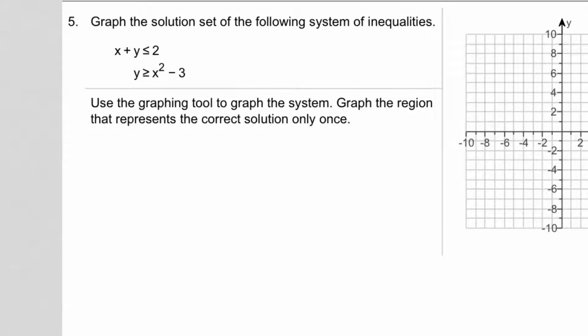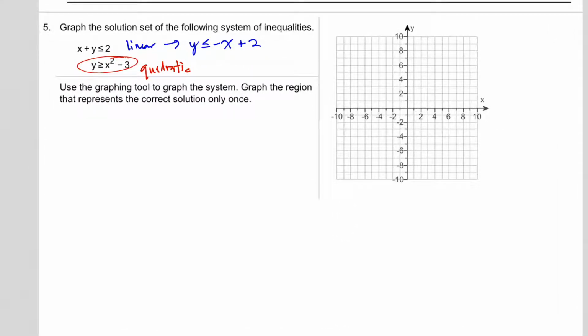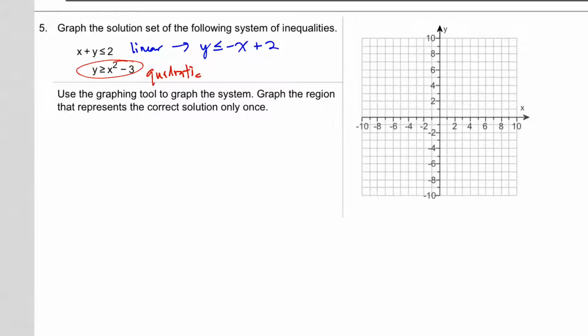Okay, so number 5, we have a mixture of a linear, which we're going to go ahead and get in the proper format, which is negative x plus 2. And then we have a quadratic here. Let me just use a different color this time. So we're going to do 2 on the y-axis. That's the y-intercept. Go down 1 over 1, which is right there.